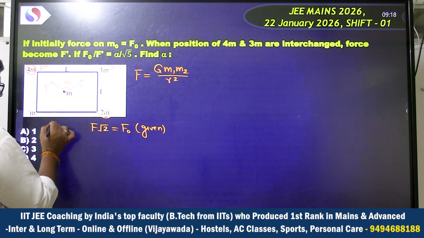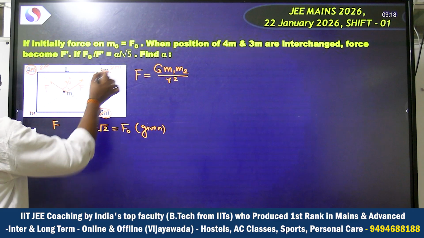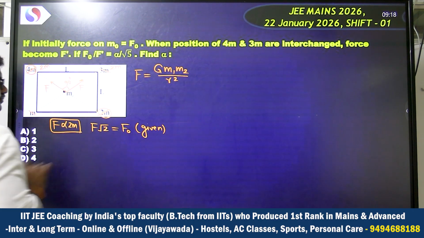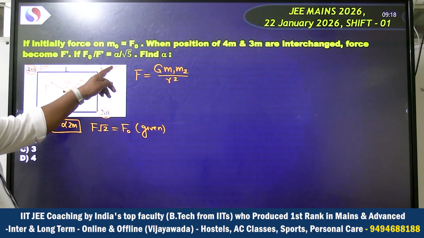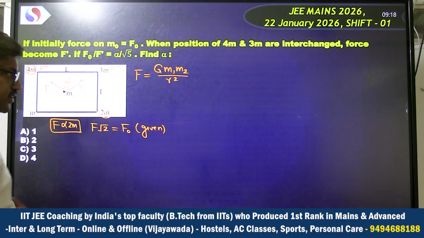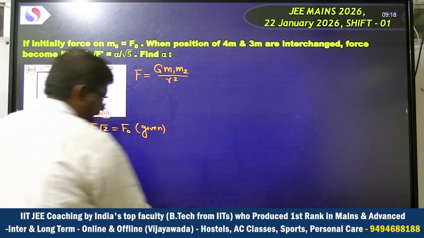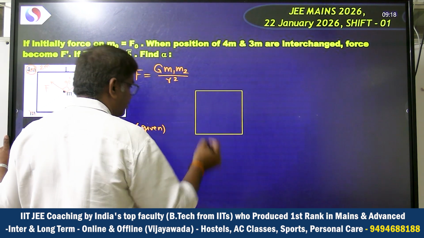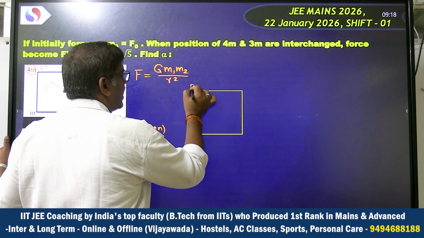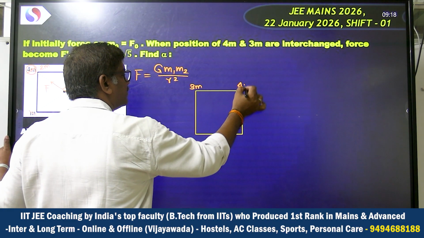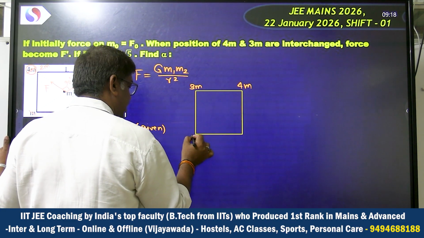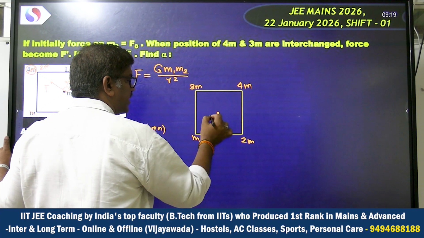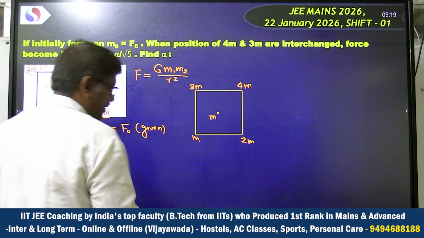Mind it, this F is because of the effect of 2m. Okay, overall it is because of 2m and m. So keep this in mind. Now in the second scenario, what they are saying is that now 3m and 4m interchange, while this m and 2m and this center mass also remain the same.